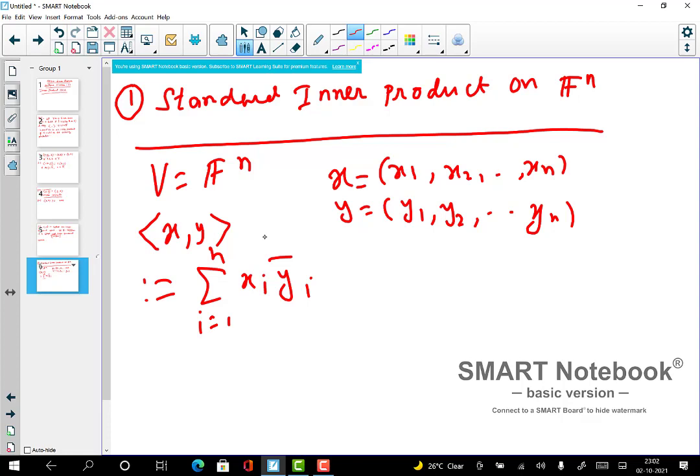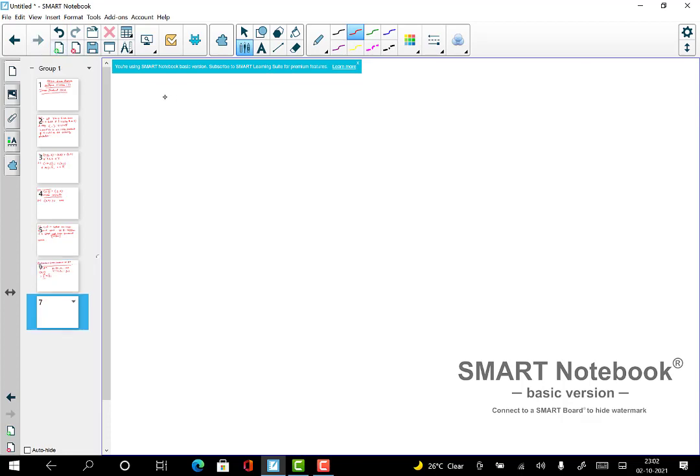Now if I define it this way, then you can easily say that this is an inner product. Why? Because this definition satisfies all the 4 properties. So let me prove all the 4 properties. Let us start with three vectors: x equal to x1, x2, ..., xn, an element of V, which is actually Fn.